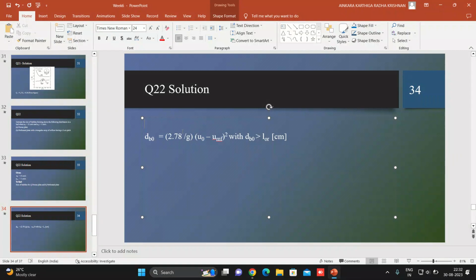This is for porous plate. And this is 2.78 by 981 into, it was 15 minus 1.